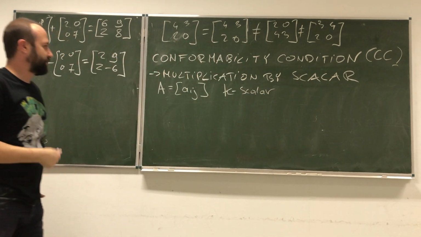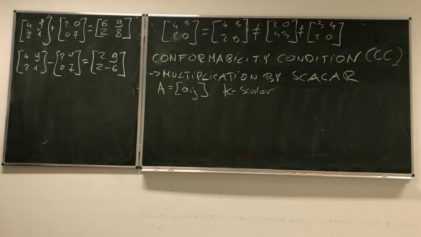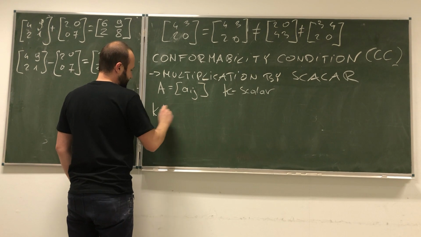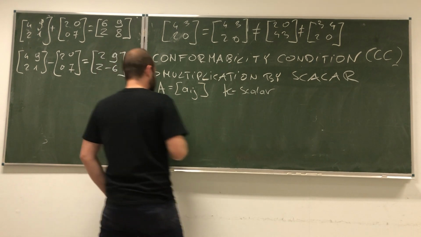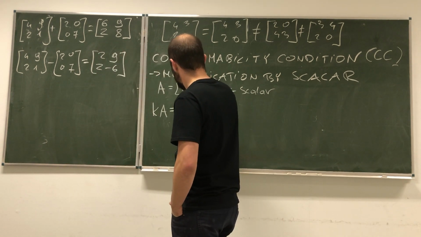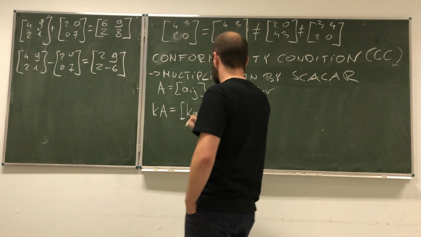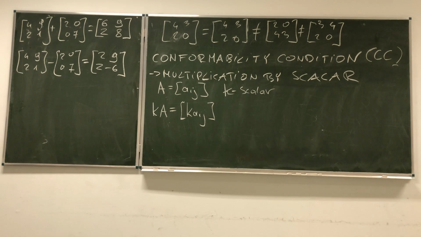Remember, a scalar is just a number. How do we do it? Simply, k times A is equal to k times a_ij. Actually, you know what? Maybe let's explain why it is called a scalar even now.